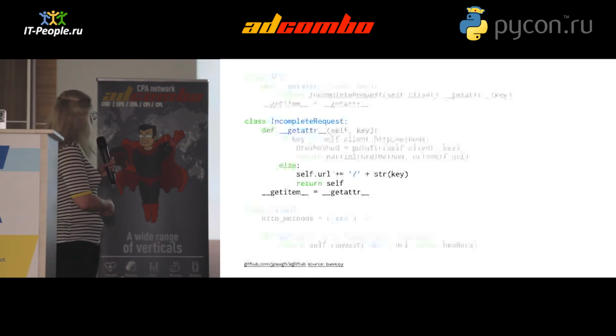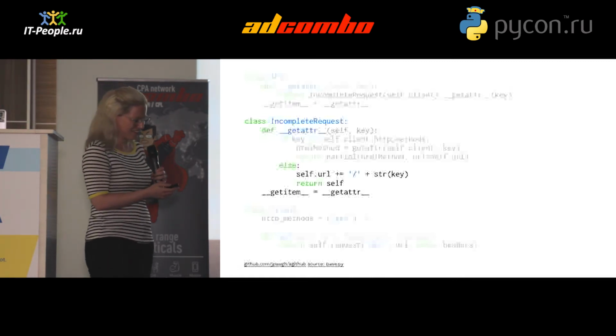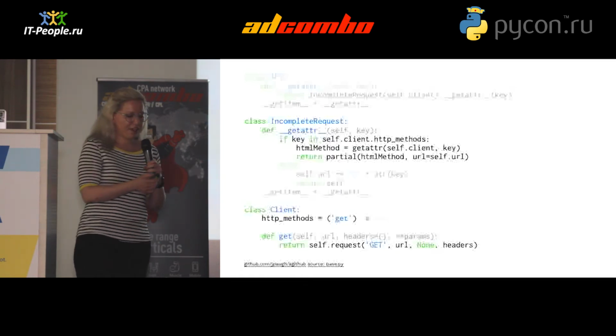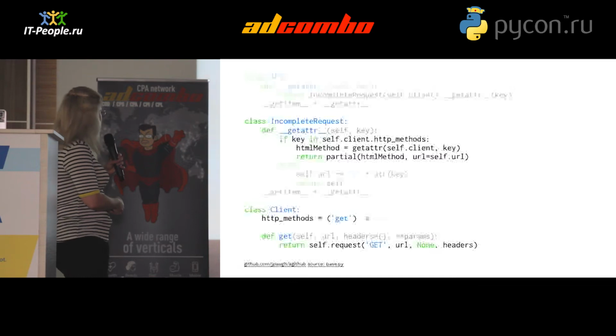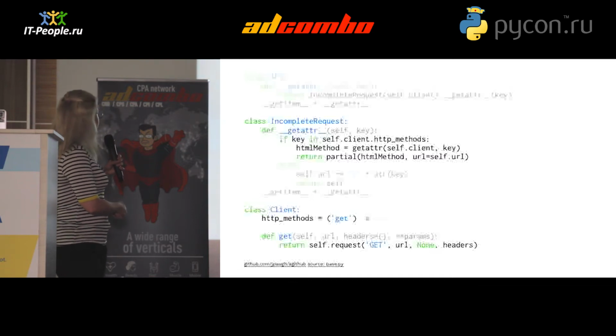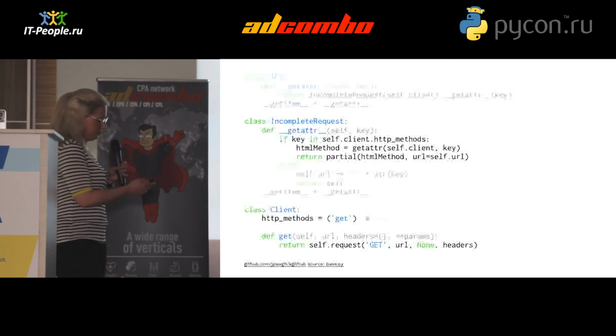We're aliasing getitem with getattr so that, well, you'll see later on, you can do a little bit of magic. If the last call is an HTTP method, what it does is it returns a partial with the method and the URL that was given. And we're getting an attribute on self.client, which is defined as an instance of this client class. We define what HTTP methods we support, and then we implement the methods here.